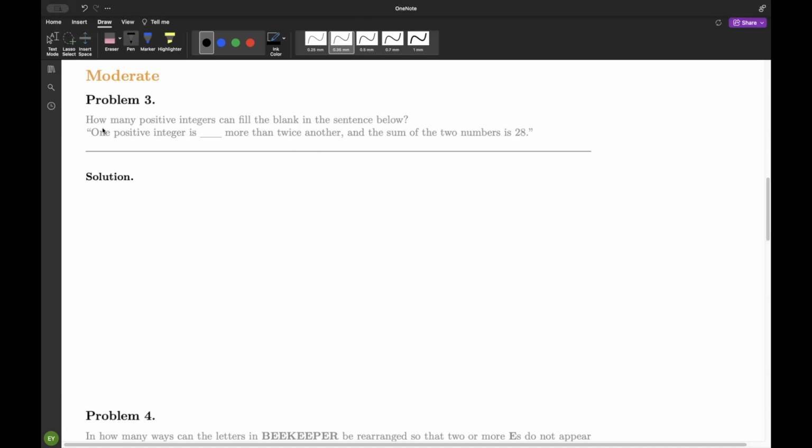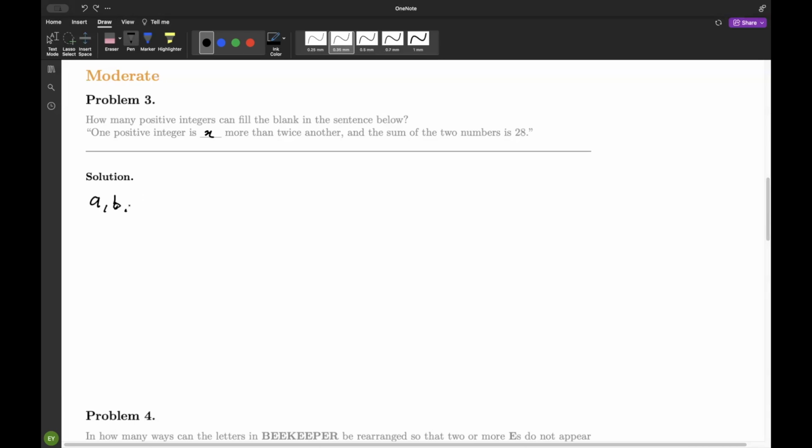Number 3. How many positive integers can fill the blank in the sentence below? One positive integer is something more than twice another, and the sum of the two numbers is 28. Okay, so let's say that we have positive integers a and b, and we have x right here.